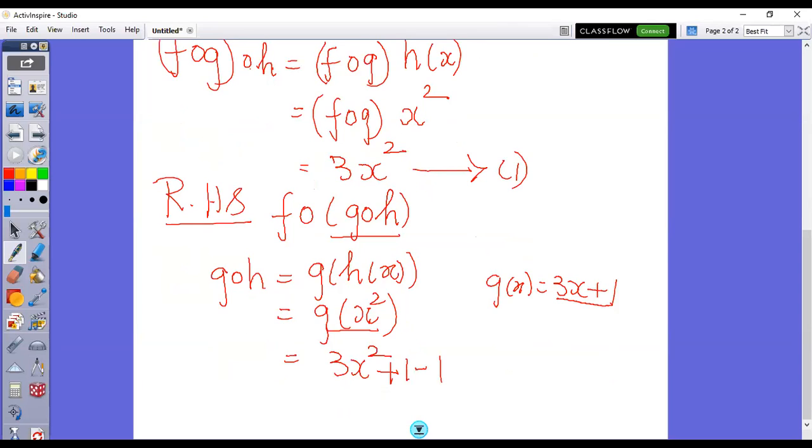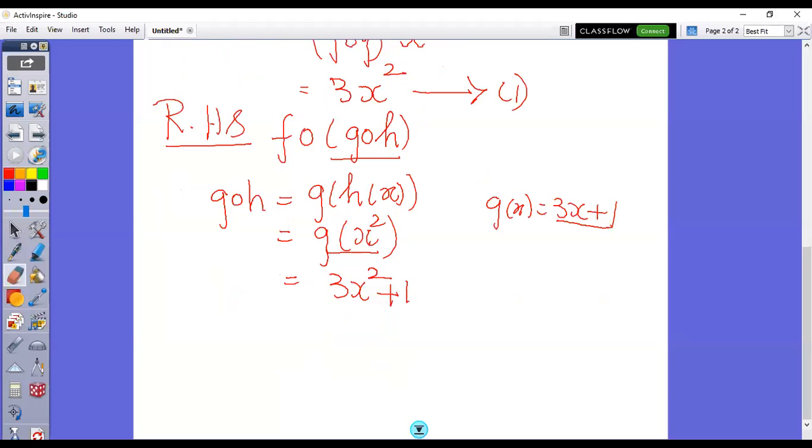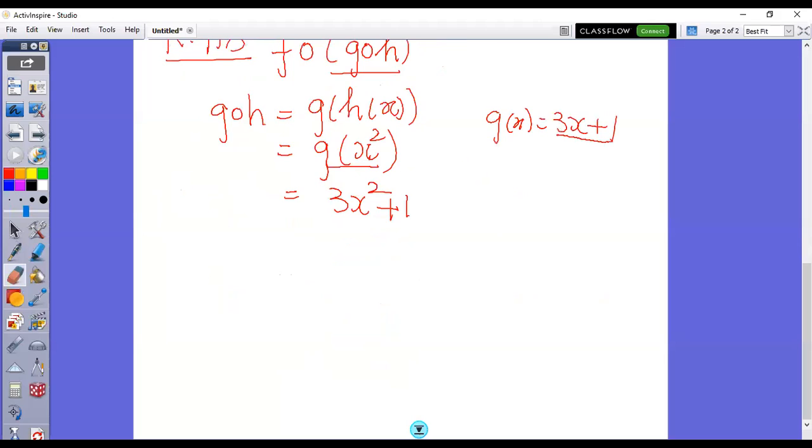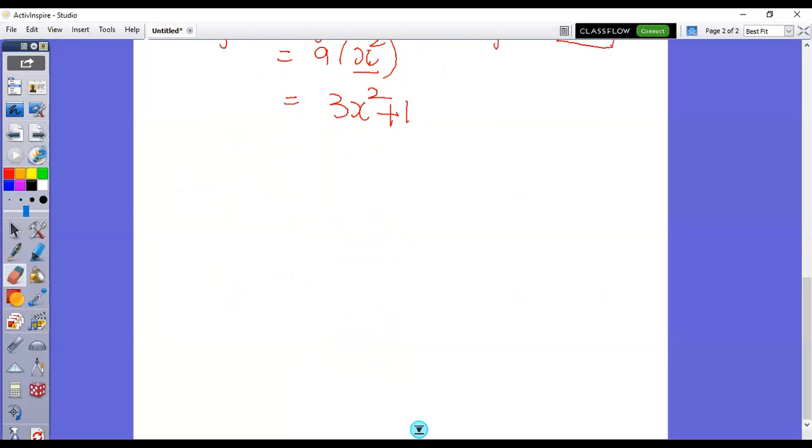So 3x square plus 1. Next one, next to find f composite of g composite of h equal to f of.